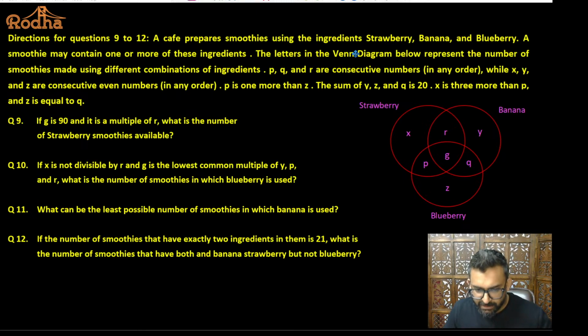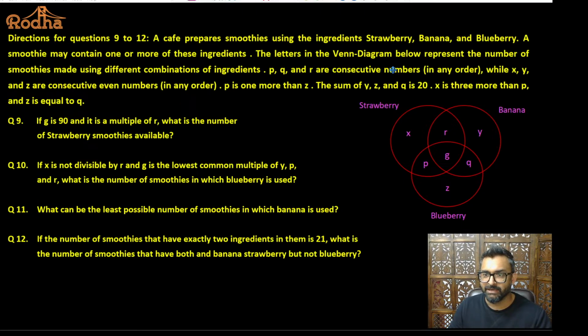Yes. So what do we have here? A cafe prepares smoothies using the ingredients strawberry, banana, and blueberry. A smoothie may contain one or more of these ingredients. The letters in the Venn diagram below represent the number of smoothies made using different combinations of ingredients.